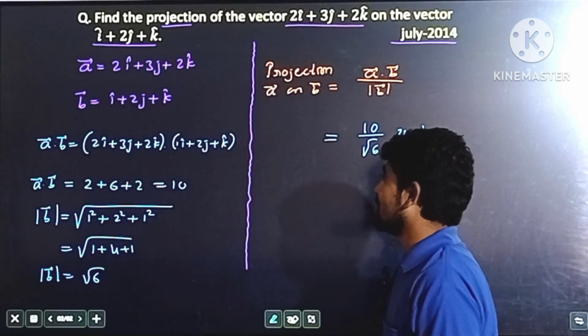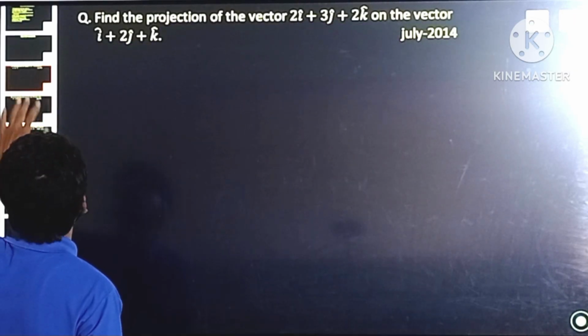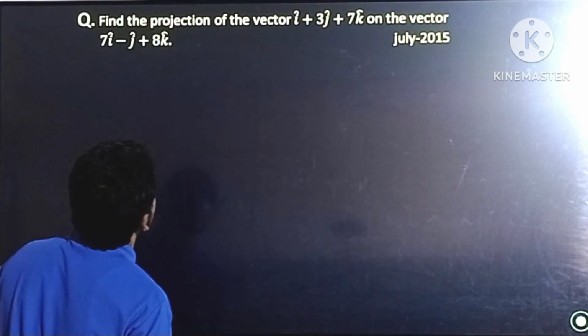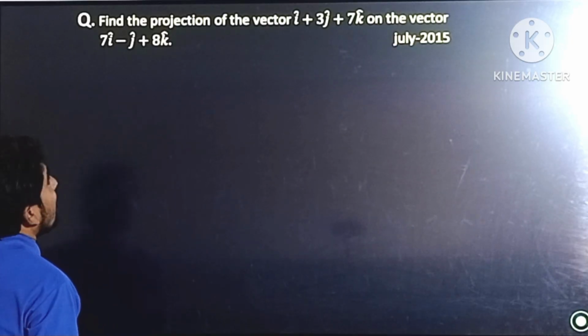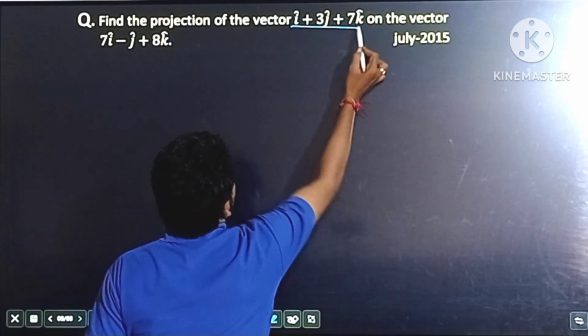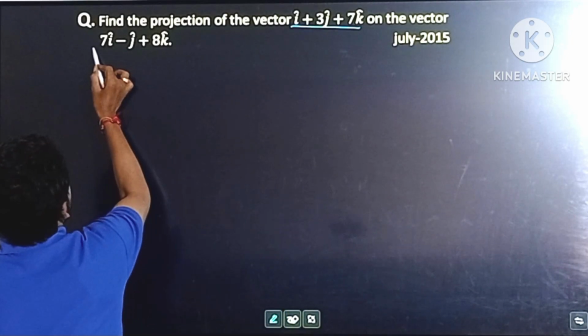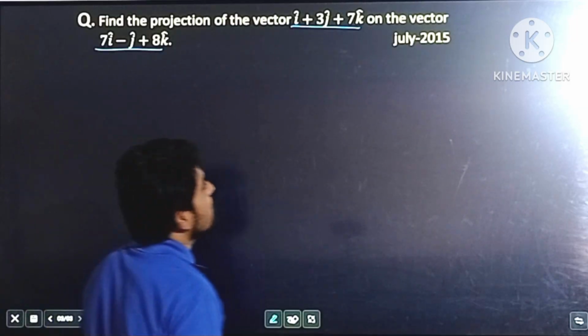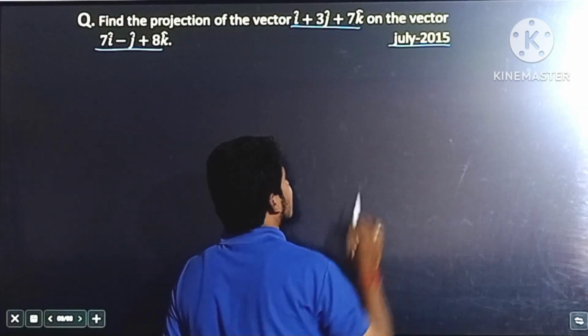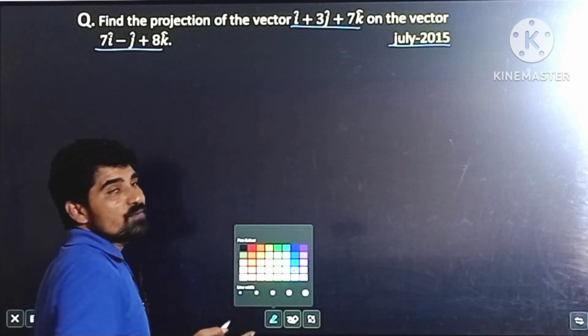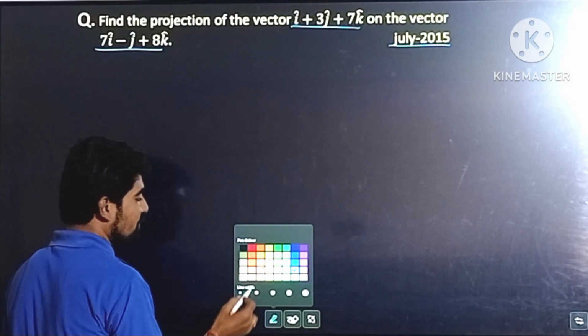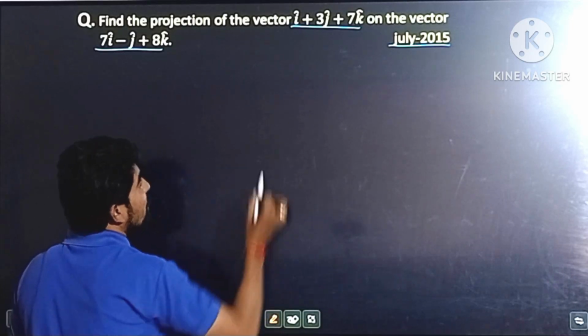Let's start the second question. Find the projection of the vector i plus 3j plus 7k on the vector 7i minus j plus 8k. This question was also asked in July 2015. Here also it is the same question, we need to identify the value of the projection of A vector on B vector.